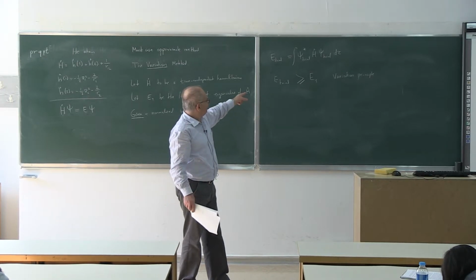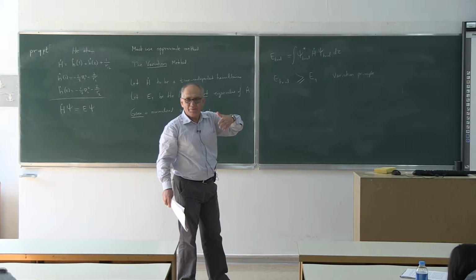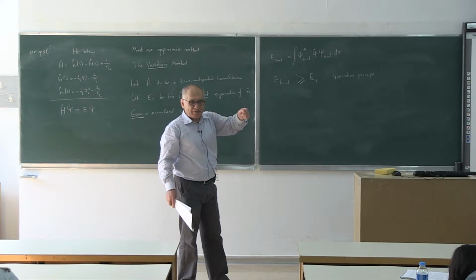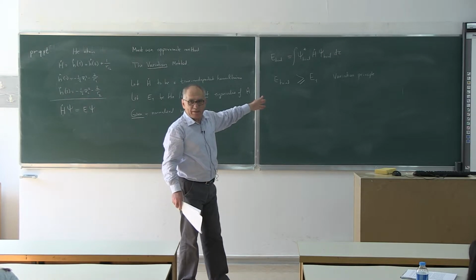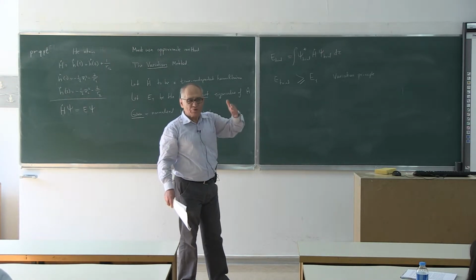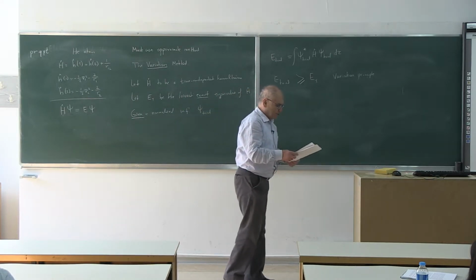In that case, E trial will be the same as E1. But the normal case is we don't know the exact psi, and therefore our E trial values are always going to be larger than the exact energy.